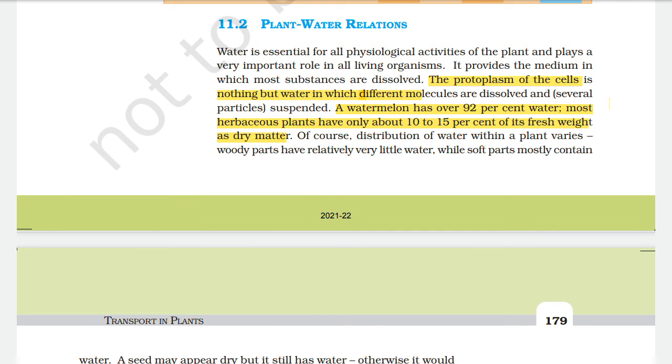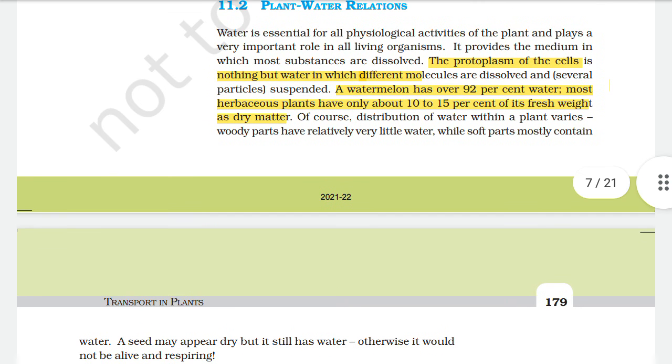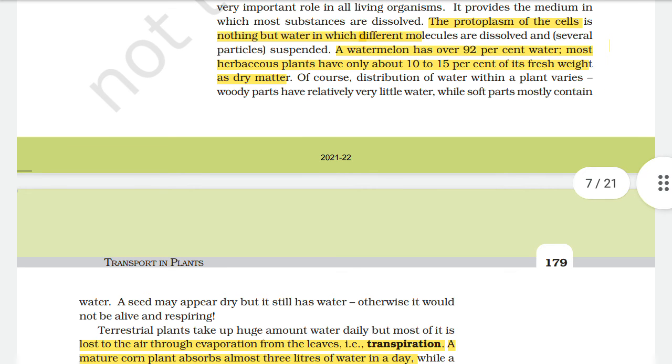Next, come to a very important topic, that is plant water relation. A plant has a very close relation with water. How close? The inside of the cell is filled with protoplasm only, and that is nothing but water. Examples are given here: watermelon has over 92% water.